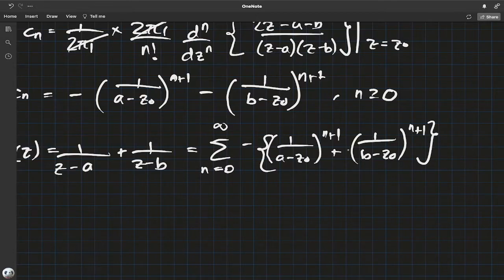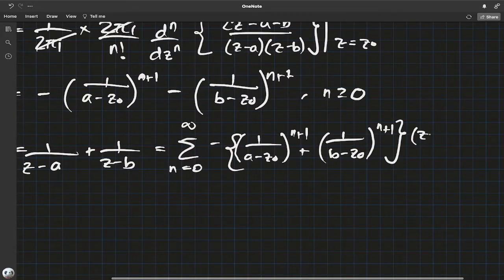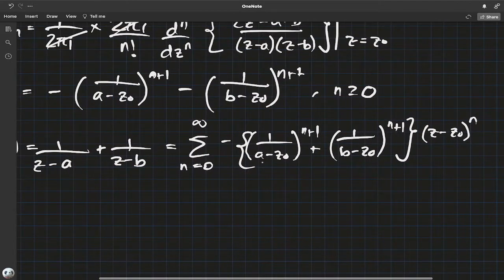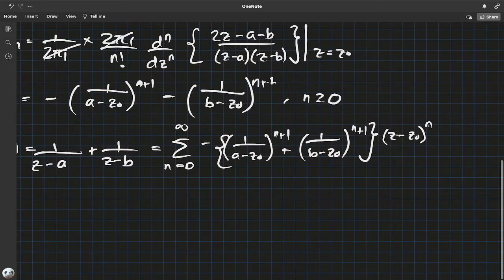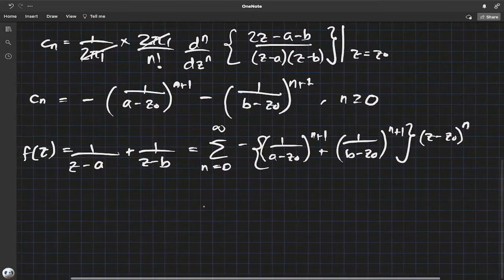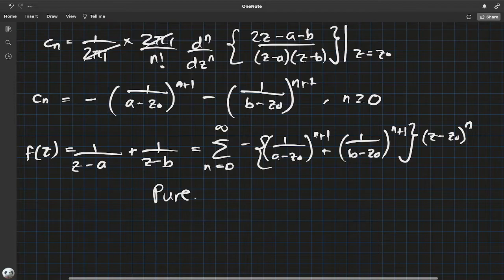Since this was just the coefficient, we need to multiply by the polynomial part, (z minus z0) to the nth power. So if you see, there are only positive powers of z minus z0. There's no negative power. This is a pure Taylor series.